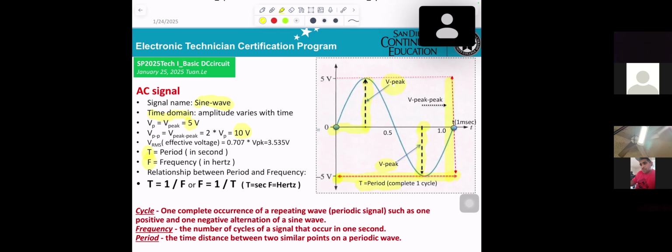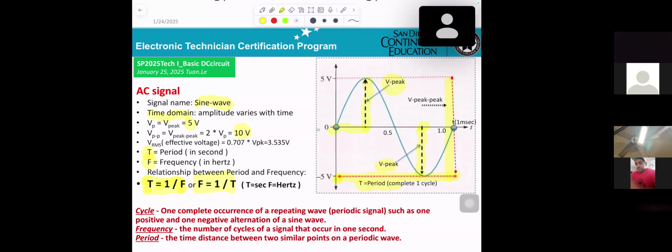F is frequency, and this is the formula: F equals 1 over T. If you get the period T, you can calculate the frequency, okay? Or if you get the frequency, you can calculate the period. And in this formula, T has to be in seconds, okay? And F has to be in hertz. That's the basic unit of frequency, okay?